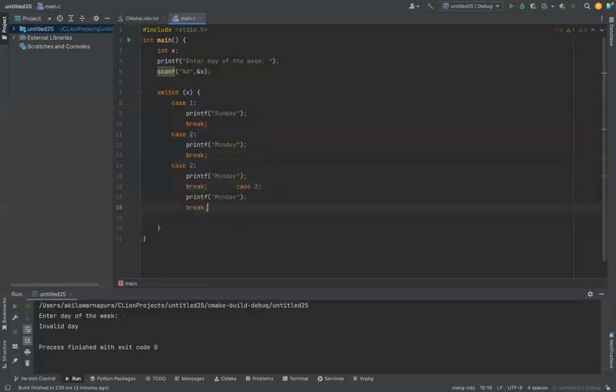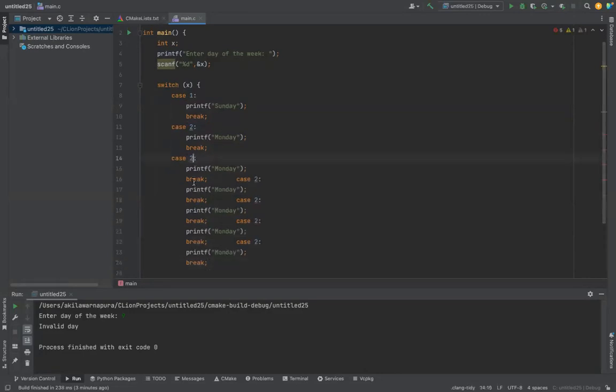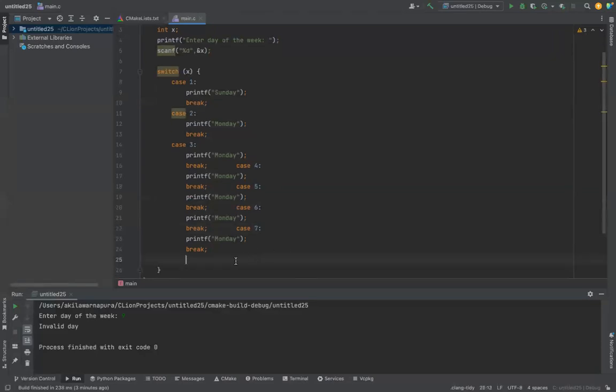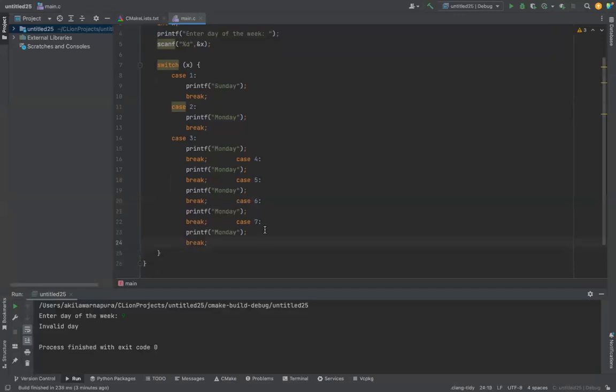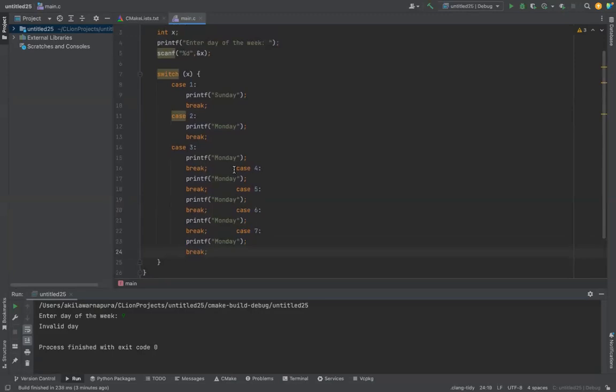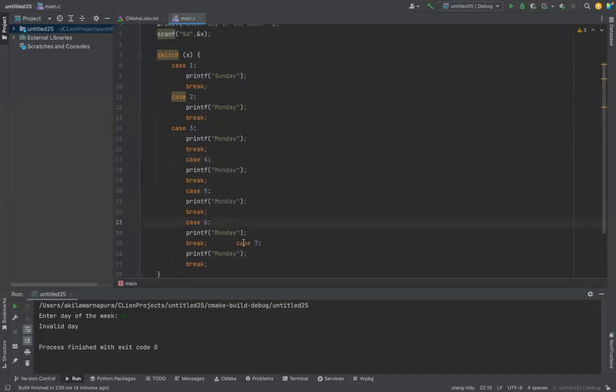So case 3, 4, 5, 6, 7. Case 2, printf Monday, break.